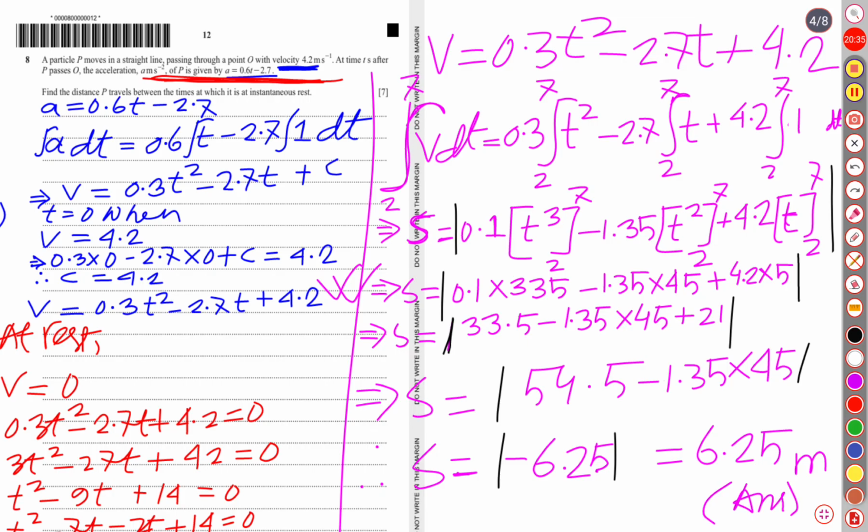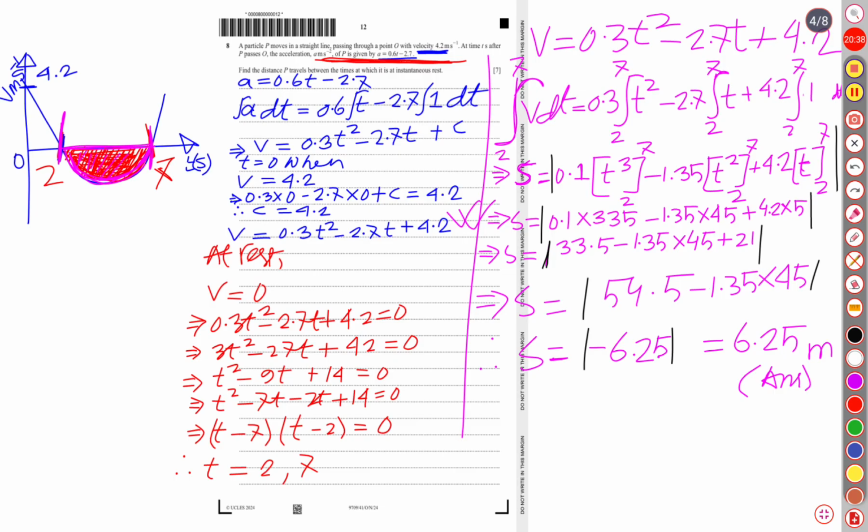So I think you have understood this solution. It is not difficult at all, but please don't forget that from the graph we have seen that the area or shaded region is lying below the x-axis. As it lies below the x-axis, it must produce a negative value which should be converted to positive using the modulus symbol. Otherwise, it is very common and well known to us that acceleration is given first.